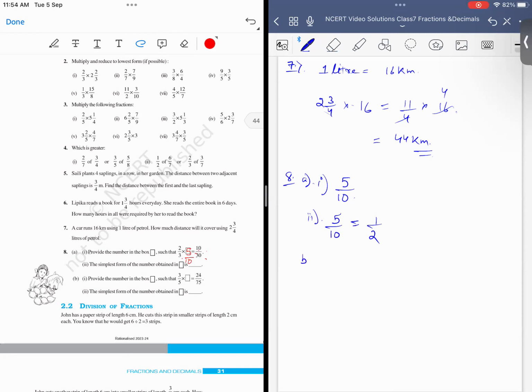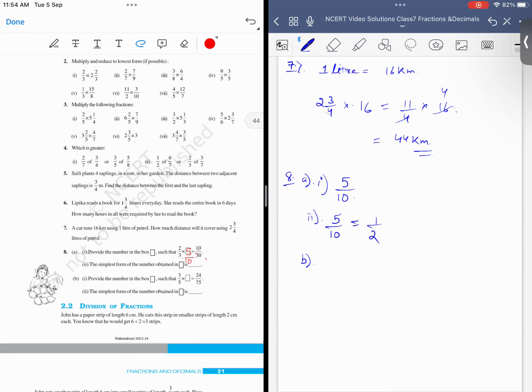Part B. Provide the number in the box such that 3 by 5 into the box gives the result. So basically, you have to find another fraction, not an equivalent fraction. Many might get confused that we are finding an equivalent fraction. No, we are finding another fraction which, when multiplied with the given fraction, comes out as the resultant fraction.